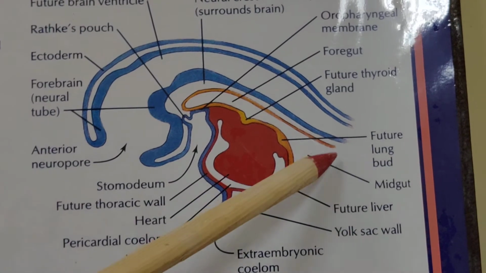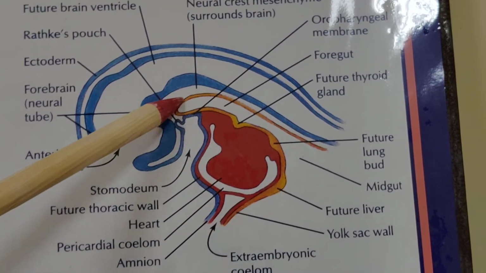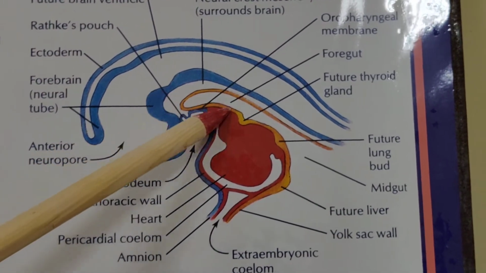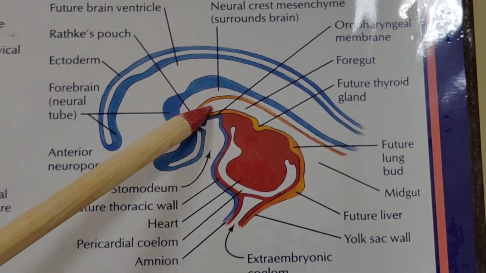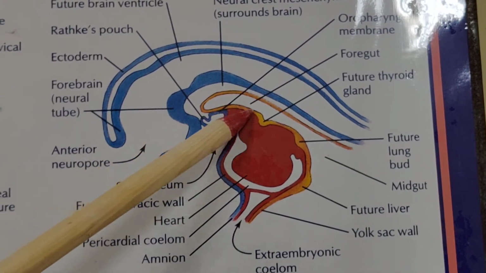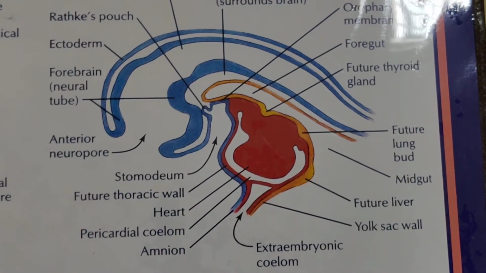Now if you see the gut region, this cranial part is the foregut region. In this foregut, this cranial broad part is the primitive pharynx. And this yellow structure is endodermal; the gut is endodermal in origin.